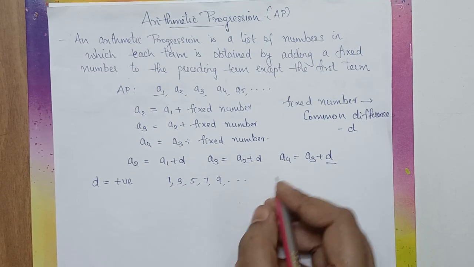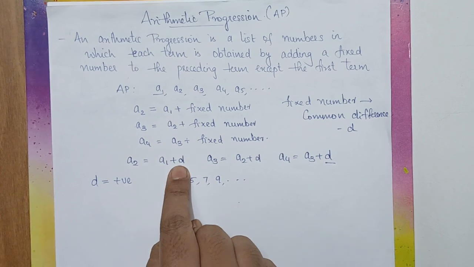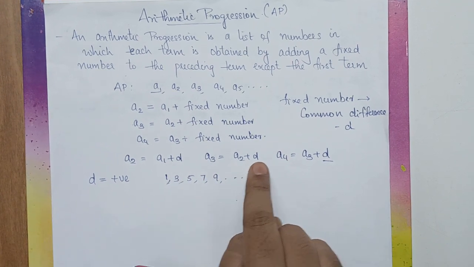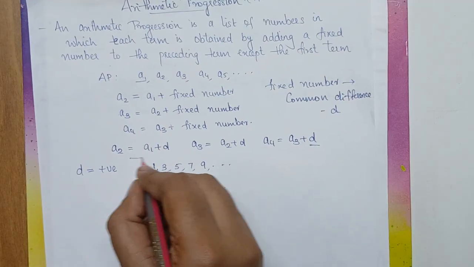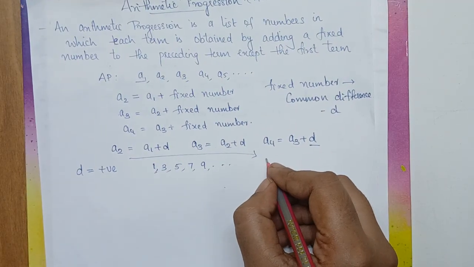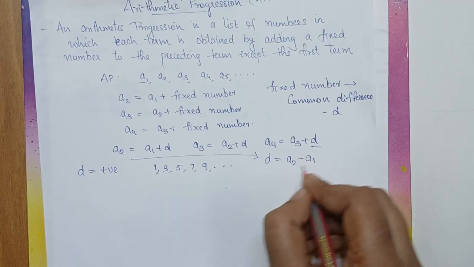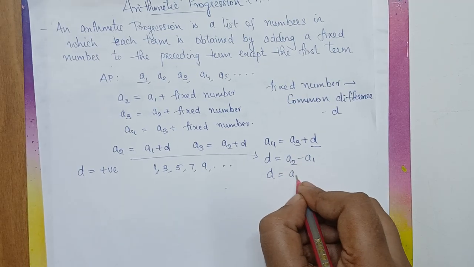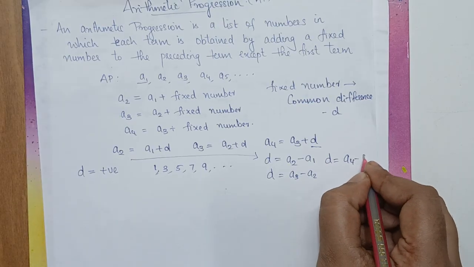Here we have A2 equals A1 plus d, A3 equals A2 plus d, A4 equals A3 plus d. From here I can write d equals A2 minus A1, then d equals A3 minus A2, then d equals A4 minus A3.